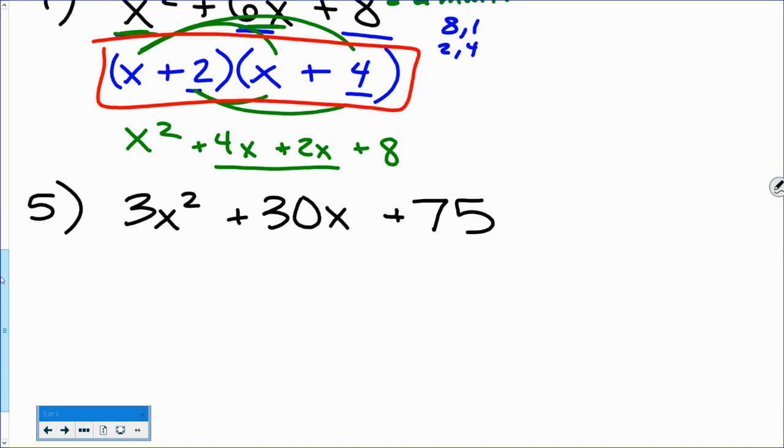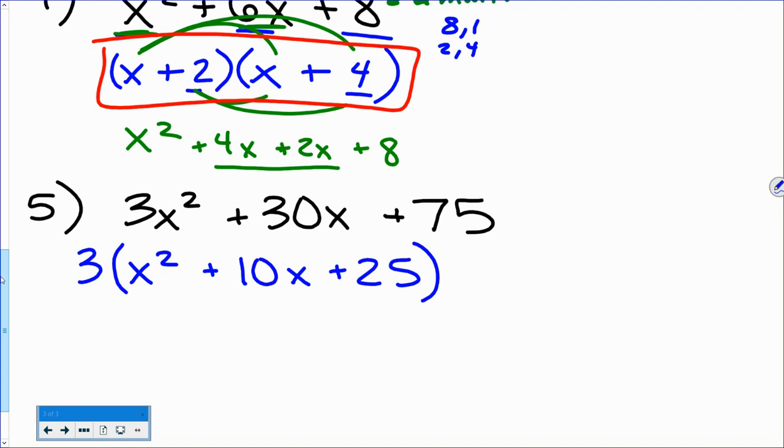So first thing, I look for a greatest common factor. Is there a number or variable that I could divide out of each term? 3. So I will do that first. Just like we did in the very first problems, divide everything by 3, so then I'll have x squared plus 10x and plus 25.